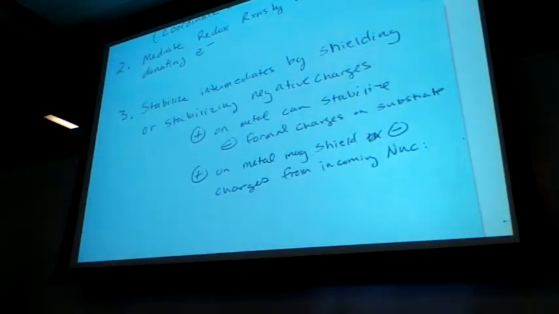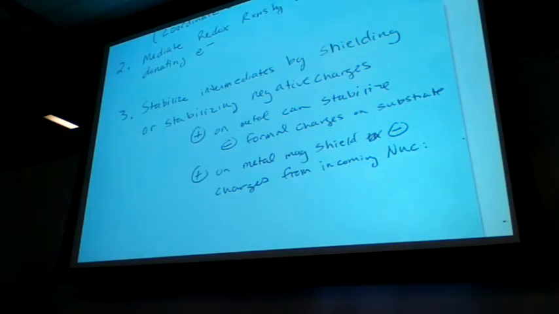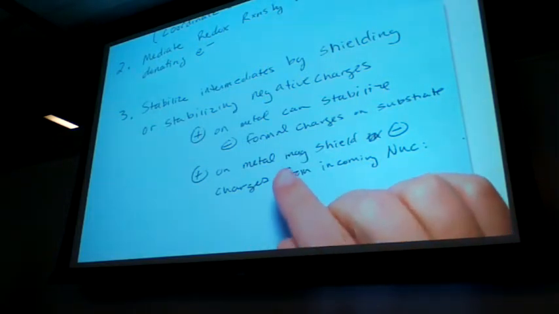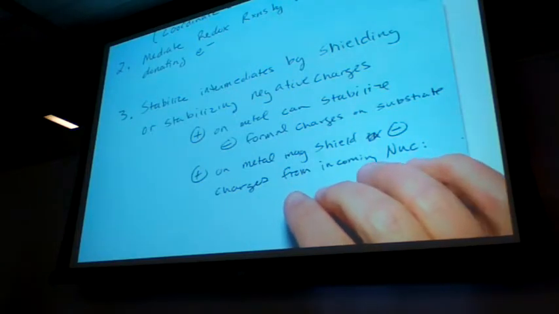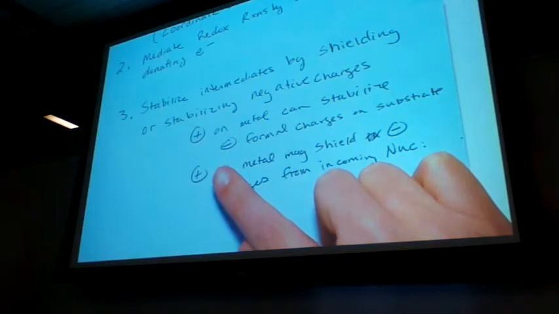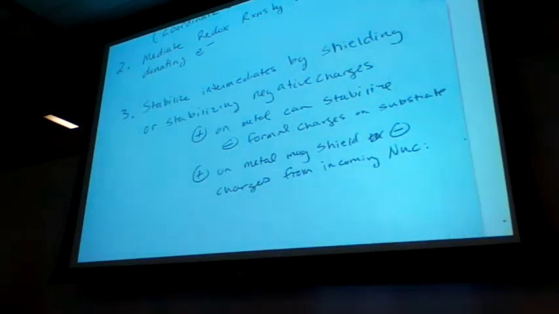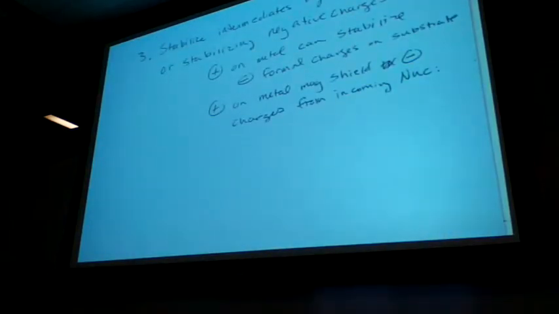If your reaction involves a nucleophilic attack of some sort, but your substrate has a lot of negative charges on it, that nucleophile is going to get repelled because you have electrons coming into electrons. So one way to allow that nucleophile to come in more easily is to put positive charges near those negative charges to shield them. And we'll see examples of that too as we go, especially second semester.